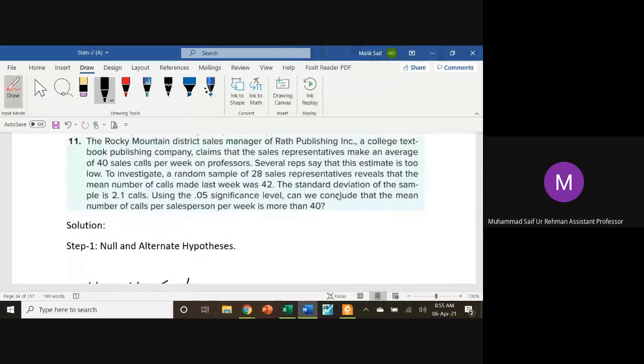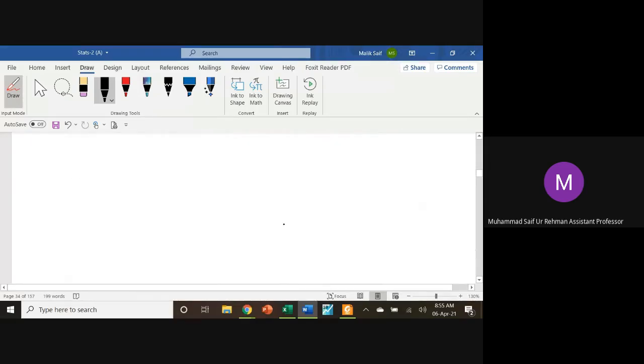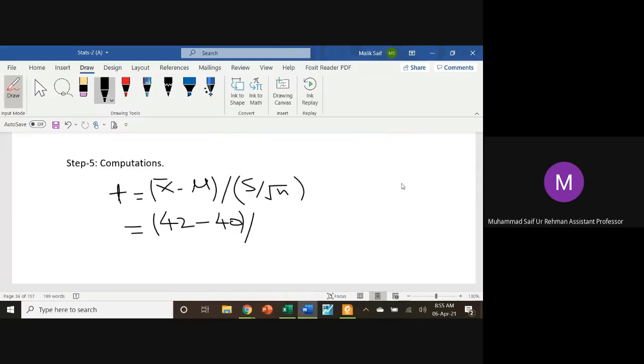The standard deviation of the sample is 2.1 calls. So 2.1 is your sample standard deviation. Substitute this value over here, 2.1 divided by square root 28. 28 was the sample size. So if you have a calculator with you, please give me the answer.